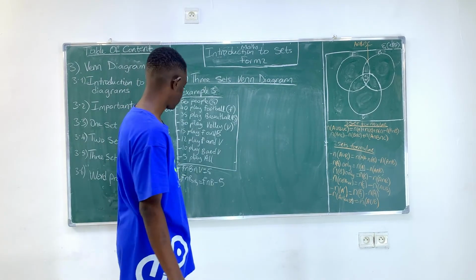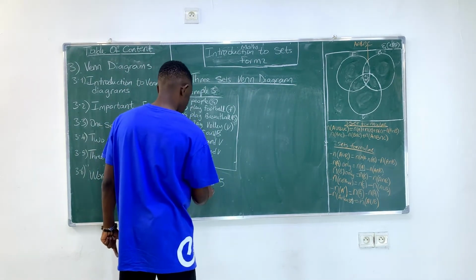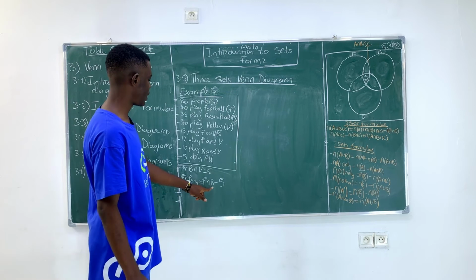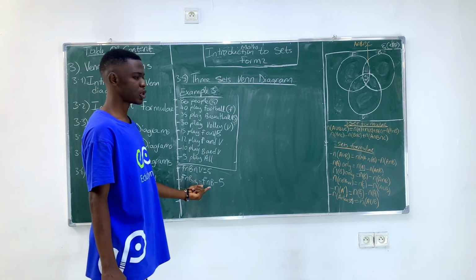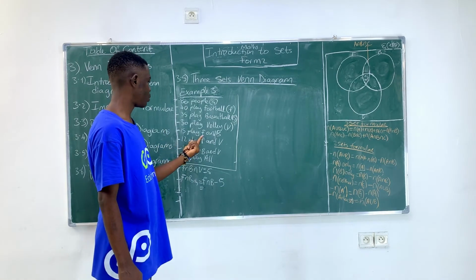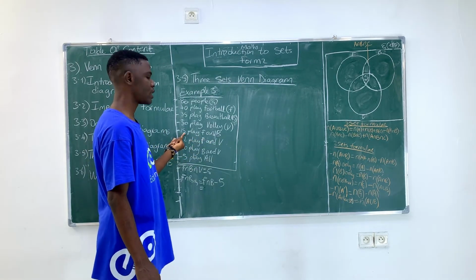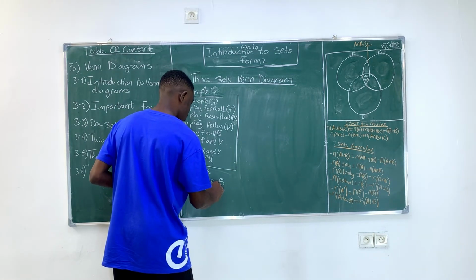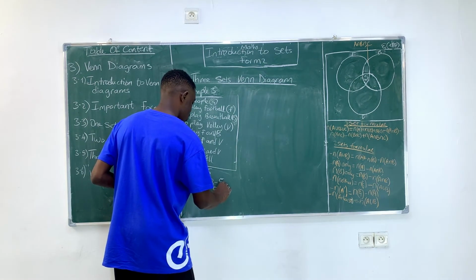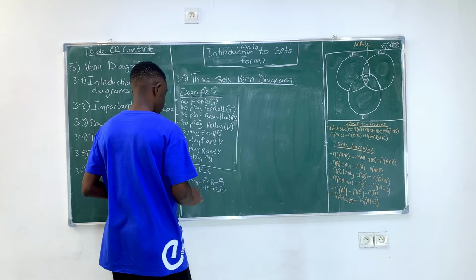What is that going to be? Football intersection basketball is given to us, football and basketball, so the intersection is 15. You have 15 minus 5, which is equal to 10.